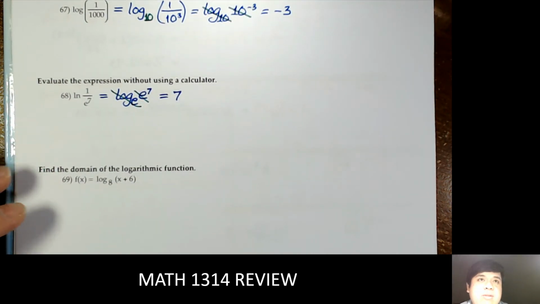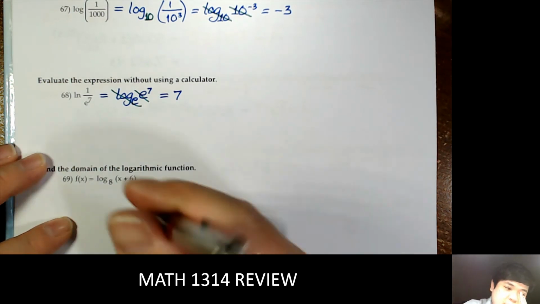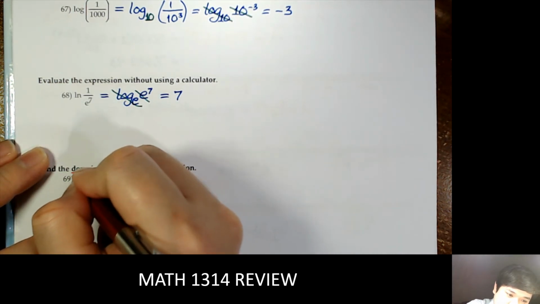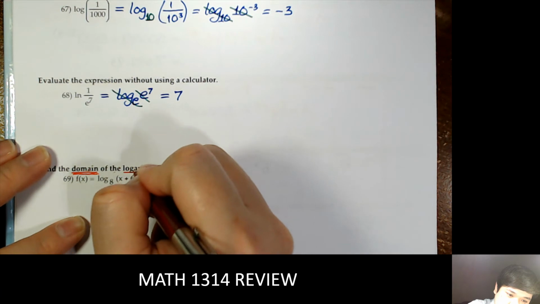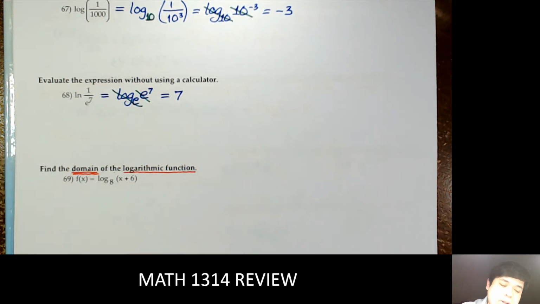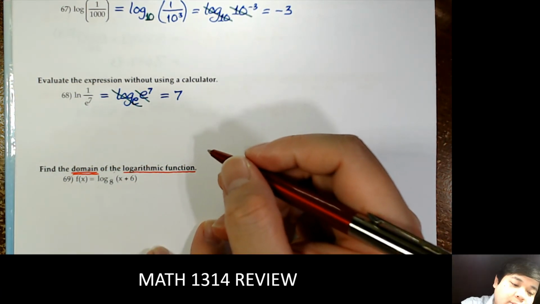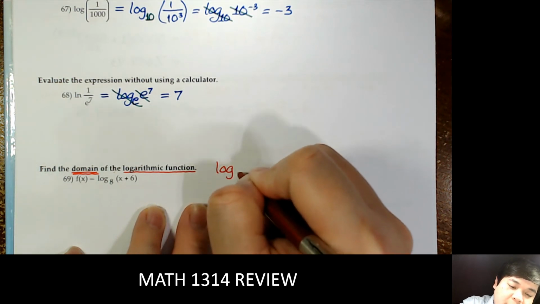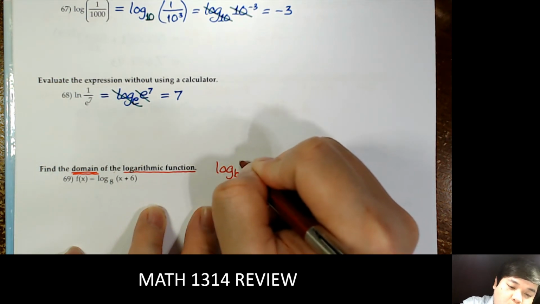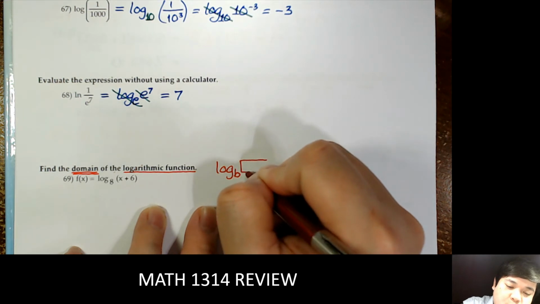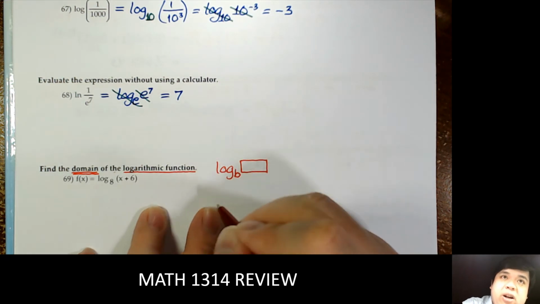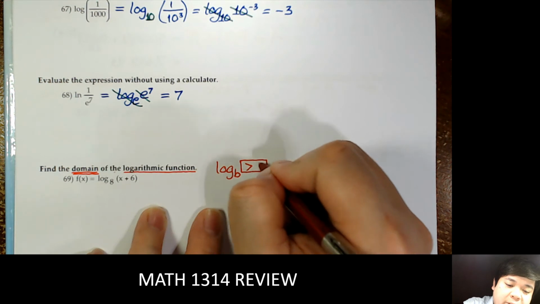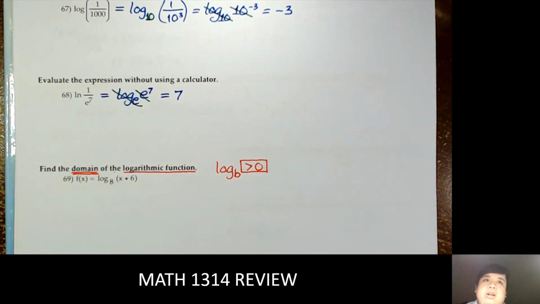Next, we have the domain of a logarithmic function. So all we need is this. Doesn't matter what the base is, whatever we put into the log, which we call the argument of the log, must be positive. If it's negative, it will be undefined.